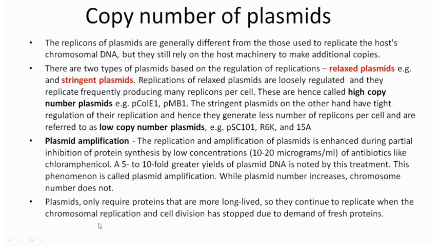This is because plasmids require pre-existing proteins for replication, whereas the bacterial chromosome and cell division require fresh proteins, and a larger amount of proteins is required for chromosomal replication and cell division. So when cell division or chromosomal replication is under some stress, plasmid replication will continue, and this can be done by applying protein synthesis inhibitor antibiotics.